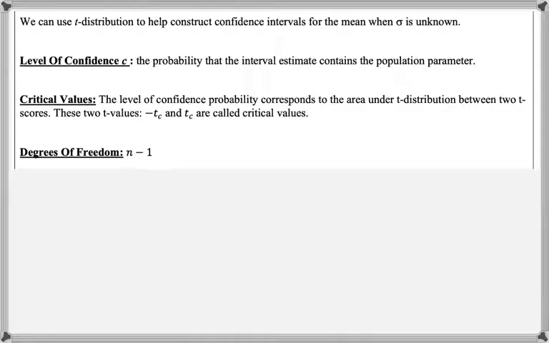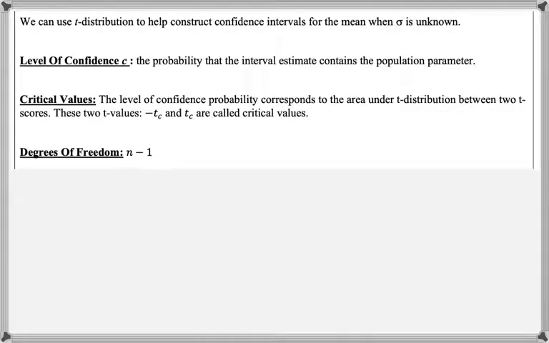In the last section, it was under the standard normal distribution between two z-scores. So these two t-values, negative tc and positive tc, are called critical values. Again, in the last section, it was negative zc and positive zc that were the critical values.